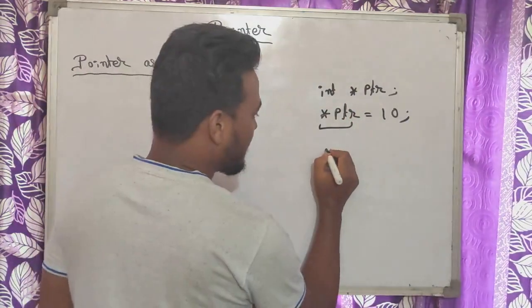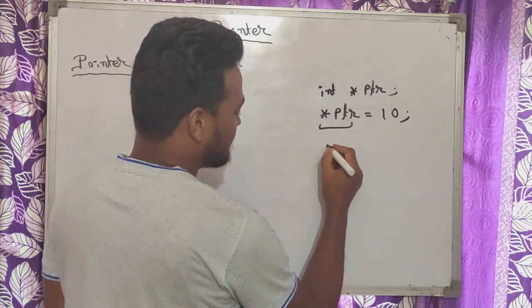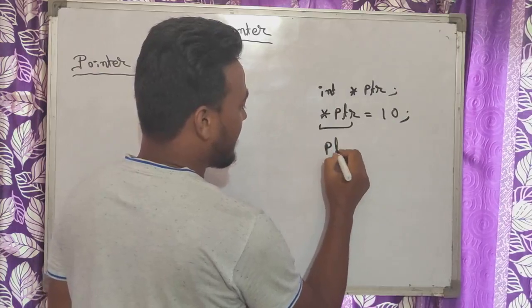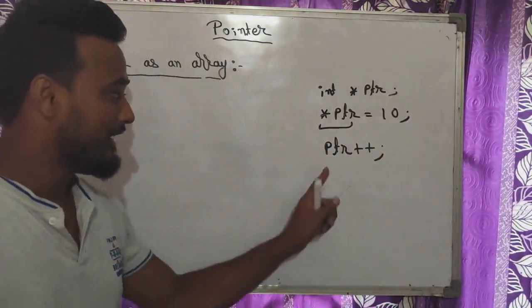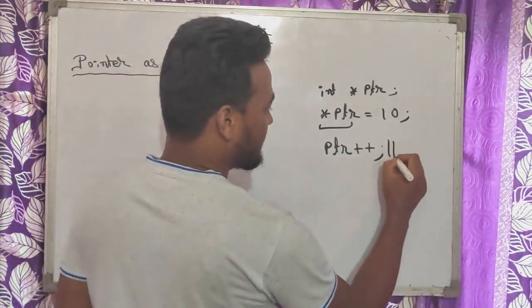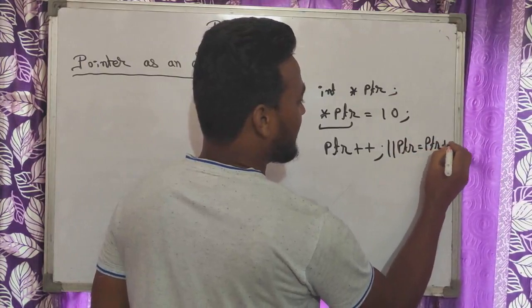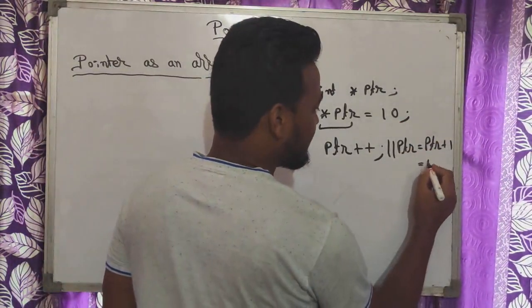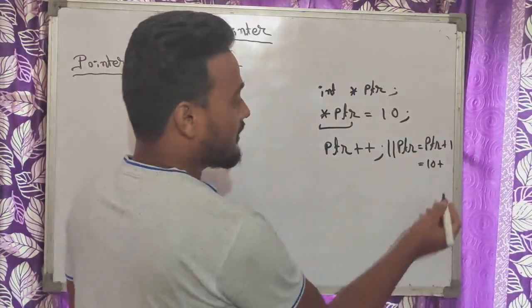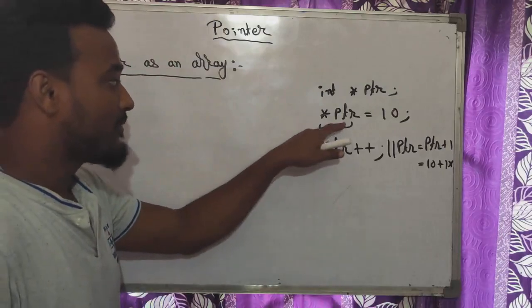Now, suppose I want to increase this pointer variable. Suppose I am writing here ptr++. What does this statement mean? It means ptr equal to ptr plus 1, right? So what is the value of ptr? It is 10 plus 1 into, like I said in previous class, what is the type of this ptr?